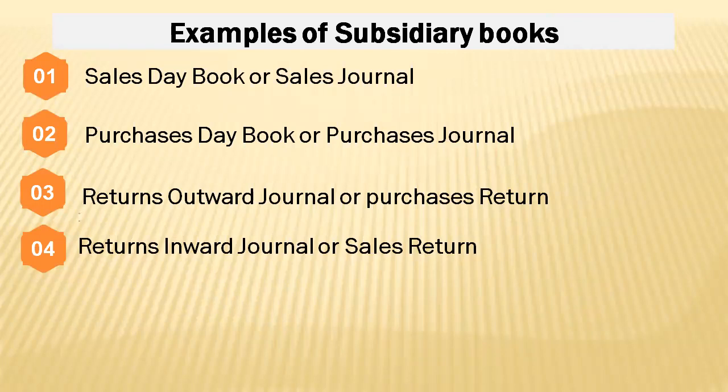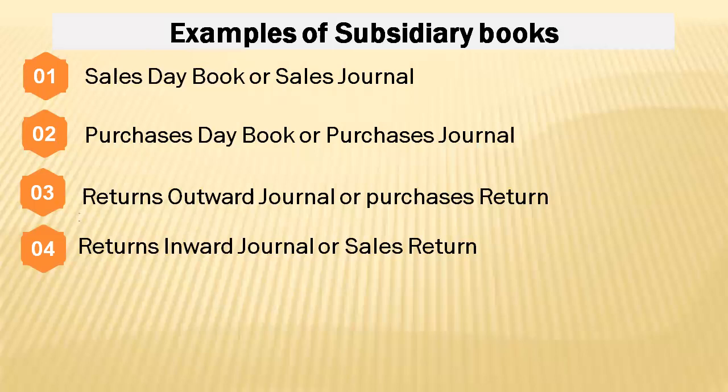Usually the sales day book is used to record transactions that are made on credit, that is, credit sales. Then we have the purchases day book or the purchases journal, which is used to record credit purchases that are being made.